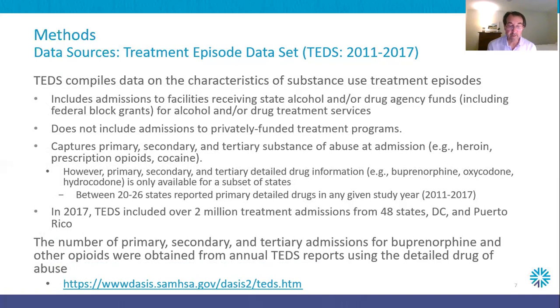Approximately 2 million treatment admissions are captured every year, and the trends in treatment admissions from 2011 to 2017 were estimated for buprenorphine and other opioids. For this analysis, we started with data from the annual TEDS reports, and that link is also shown below.